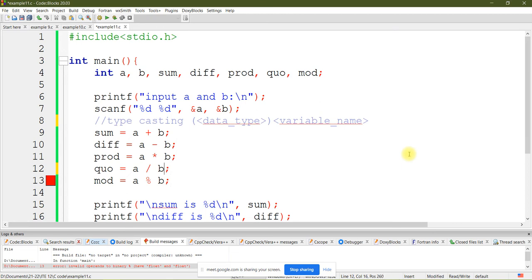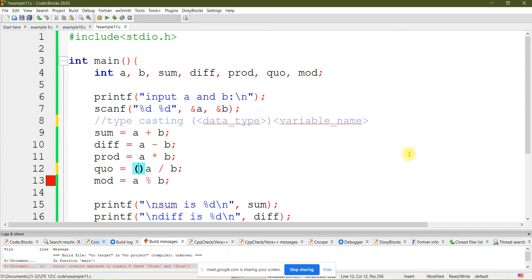So, for example, what happened in the division is, this is an integer, of course, the 13, and then this is the 2, in the input. Both are integers. So, already here, the answer is an integer. So, C works like this: when we're operating with that type of data type, the answer is the same data type.